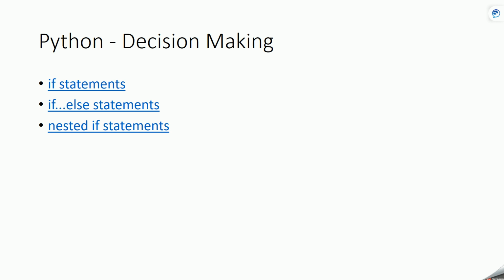In this video, we are going to learn about Python decision making statements. So these are the if statement, if else statement, and nested if statements. We require decision making statements, that is, conditional statements, based on some requirement. Like, if you want to perform some operation based on some condition, suppose there are two numbers a and b, and you want to check which one is greater.